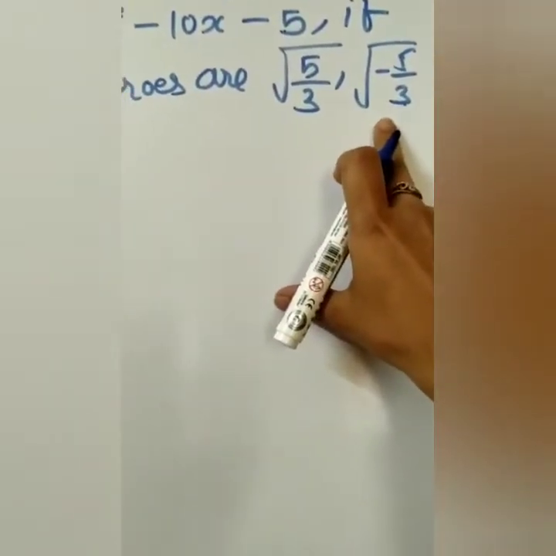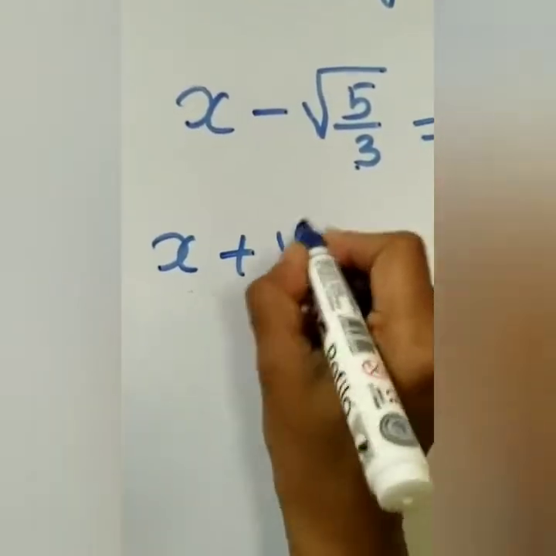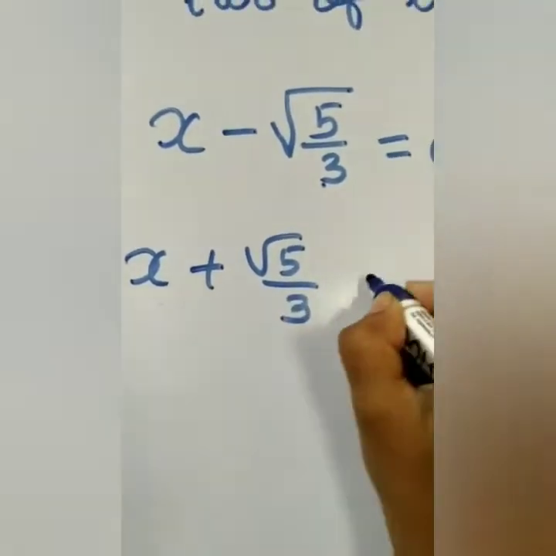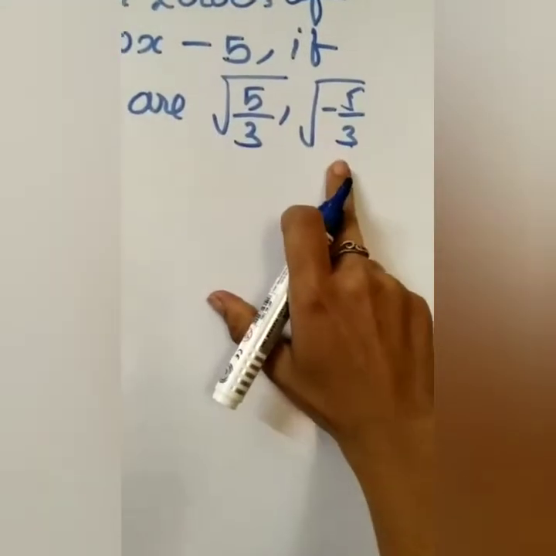And if it is minus √(5/3), then with x it is x plus √(5/3), and comparing it with 0 we get minus √(5/3).